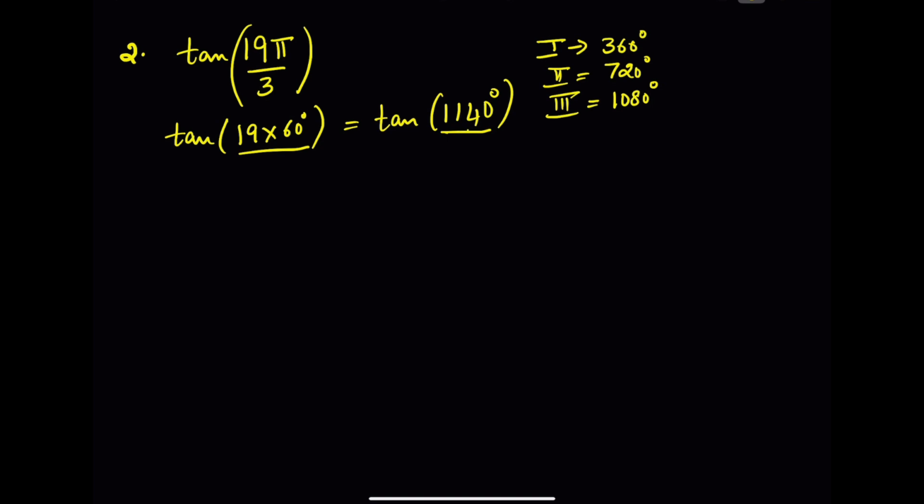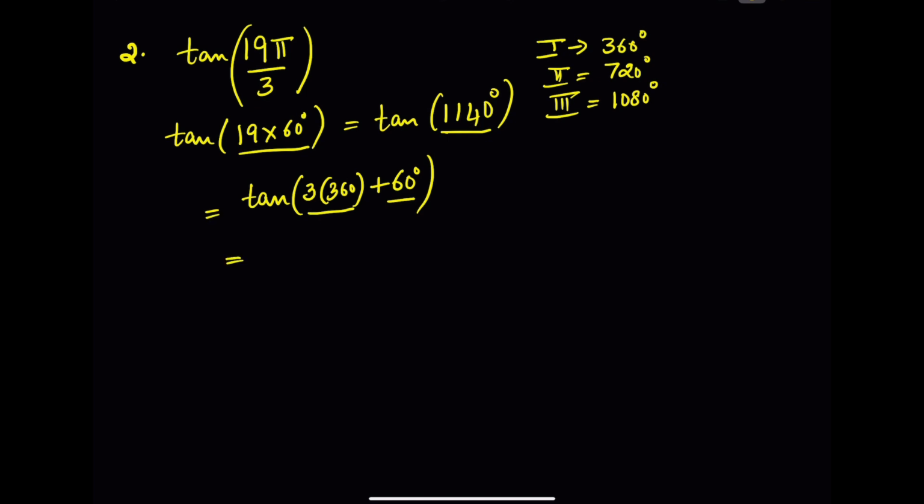So basically what has happened here is the point has rotated 3 full circles and also gained an additional 60 degrees. So this is nothing but tan of 3 times 360 plus 60 degrees. 3 times 360 is 1080 plus 60, which is 1140 degrees.